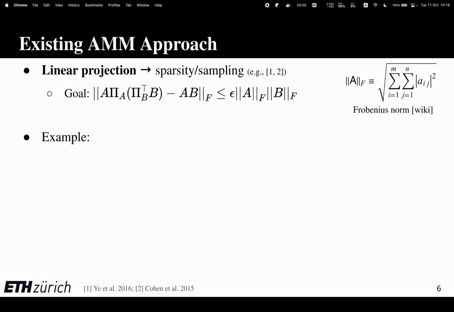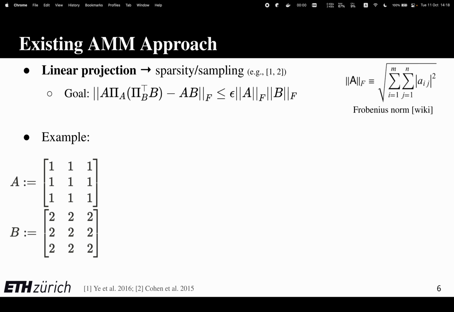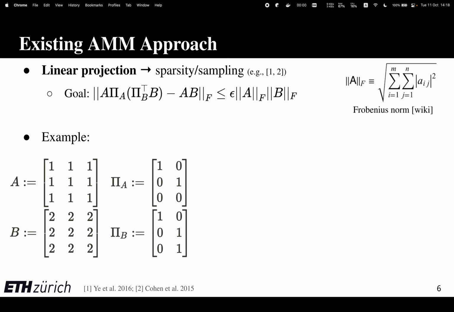For example, we have complicated matrices A and B, and they are dense. Instead of computing A times B exactly, what do we do? We first introduce a matrix pi A and a matrix pi B, and we use these two matrices to sample or sparsify the original matrices respectively.